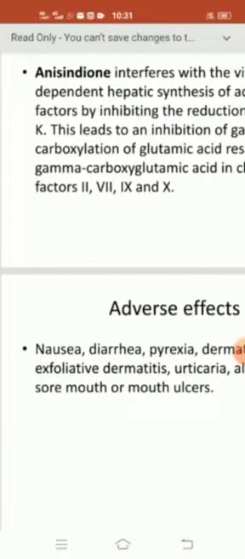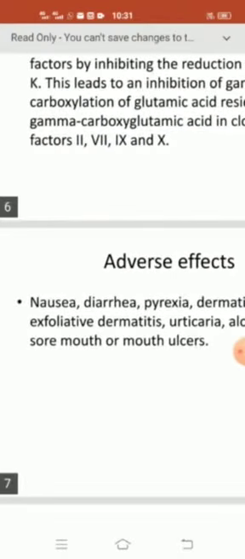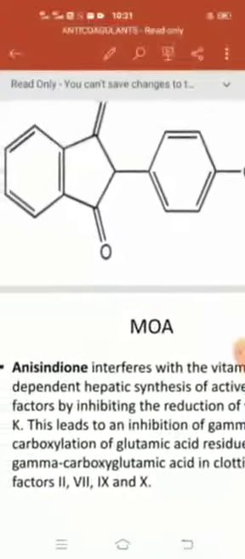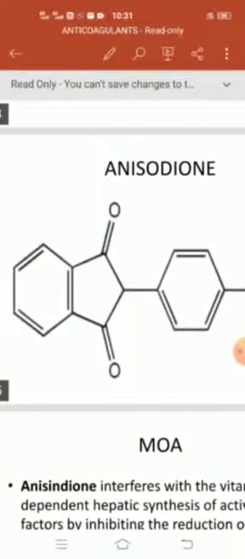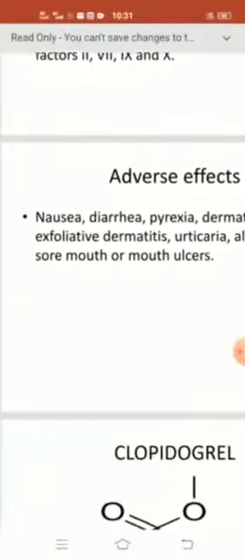Adverse effects of this drug are nausea, diarrhea, pyrexia, dermatitis or exfoliative dermatitis, urticaria, alopecia, then sore mouth.